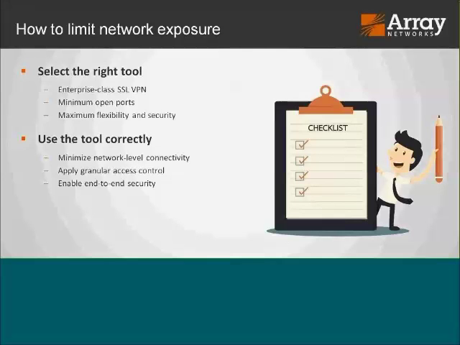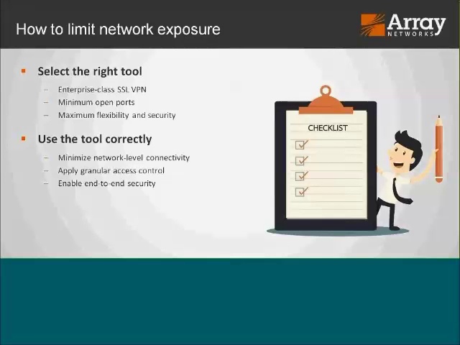In this case, we have an SSL VPN product, and the SSL VPN is the right tool for the job. It's going to give you the different features, security features, access methods, and flexibility that you're going to need in order to begin to limit network exposure. So the number one thing is picking the right tool, or picking the right secure access gateway, in this case the enterprise class SSL VPN.